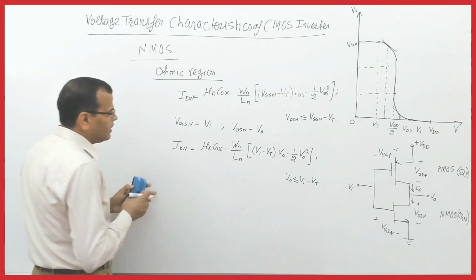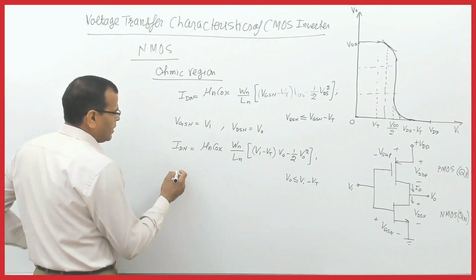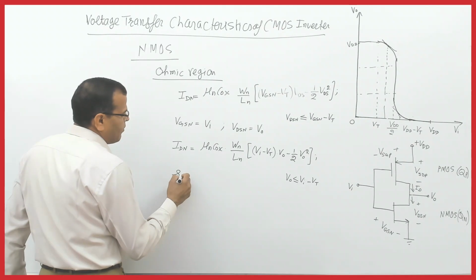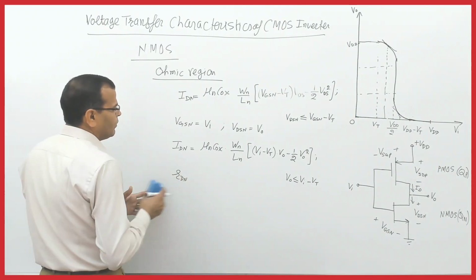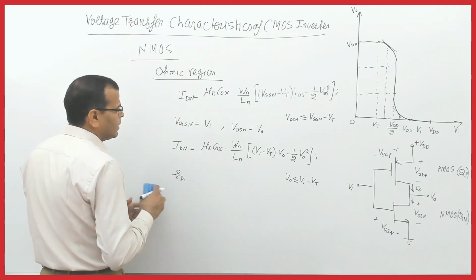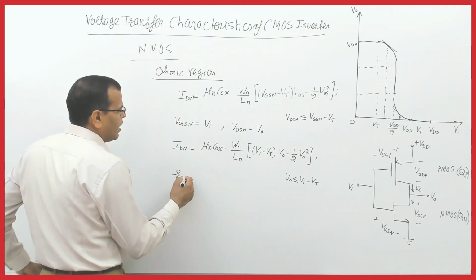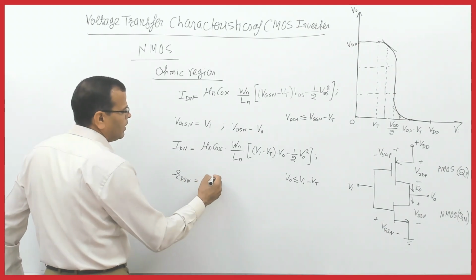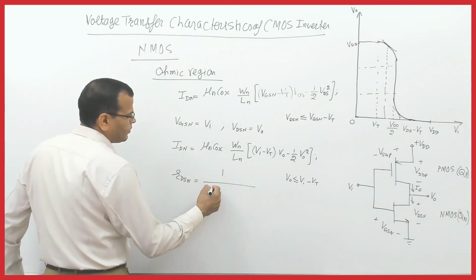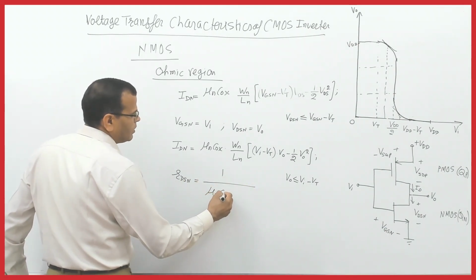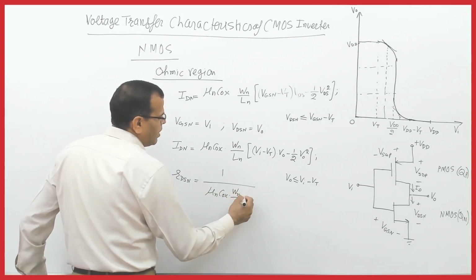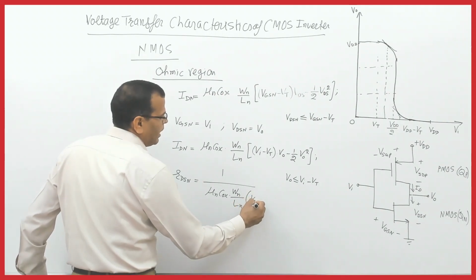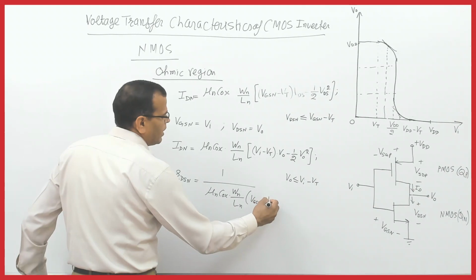That resistance is given by RDN, or RDSN, whatever, that is the drain to source resistance of NMOS. RDSN for this is nothing but 1 by mu n C naught x into Wn by Ln into VGSN minus threshold voltage.